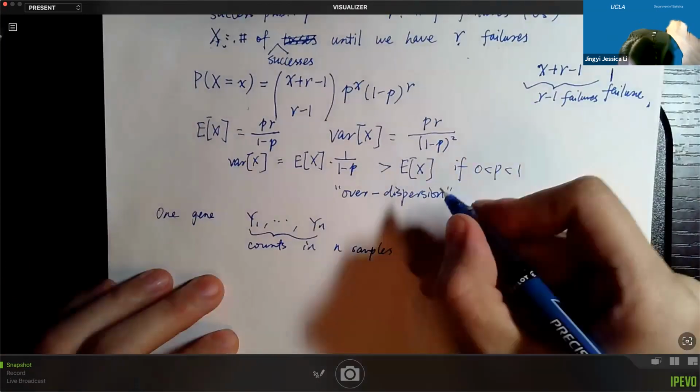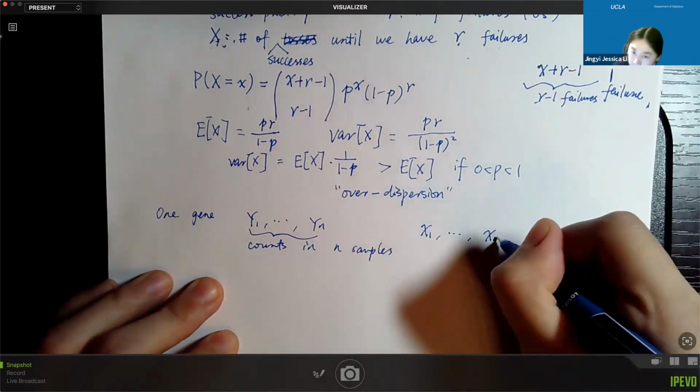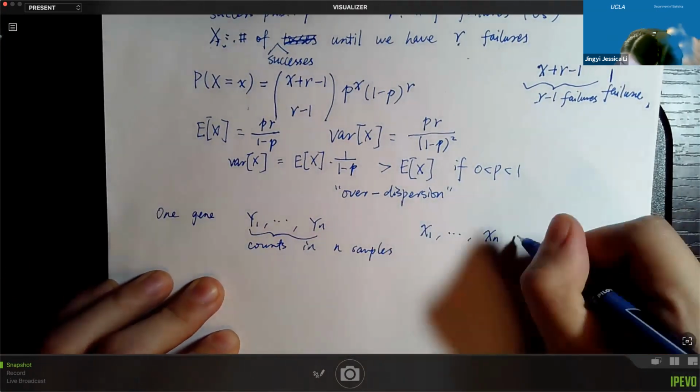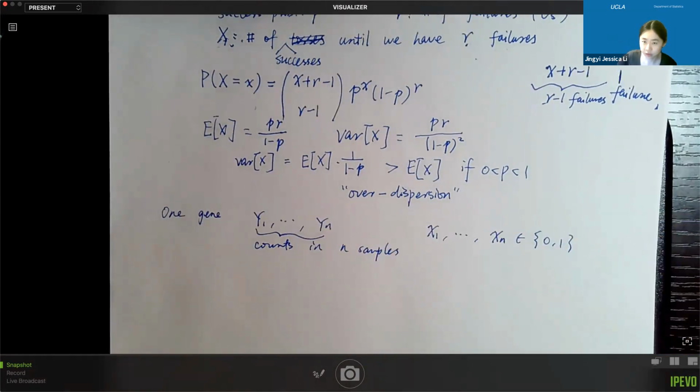I also have the condition predictor for the n samples, for example X1 to Xn, and these are binary, either 0 or 1, indicating their condition. What I just introduced from that web page is that we can do the Poisson regression or negative binomial regression.